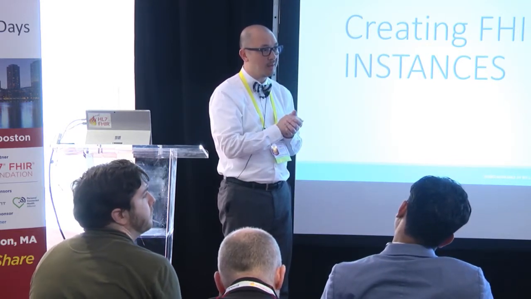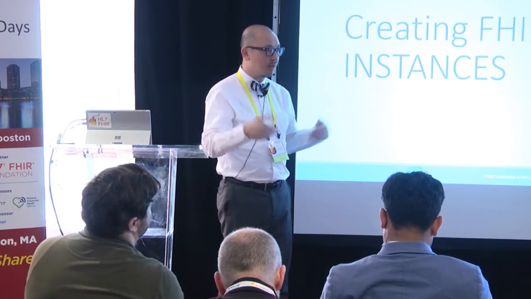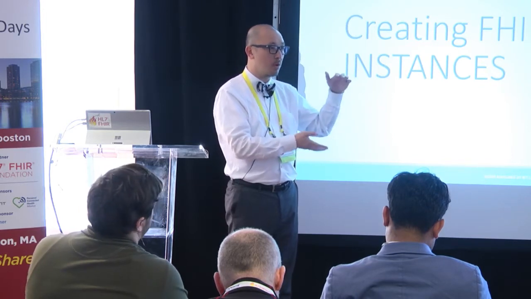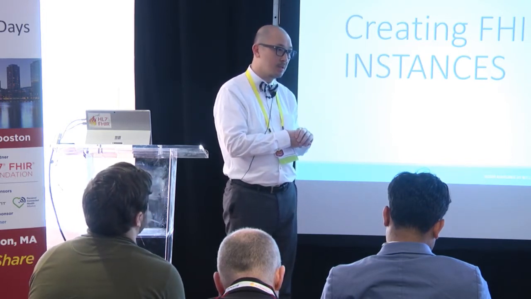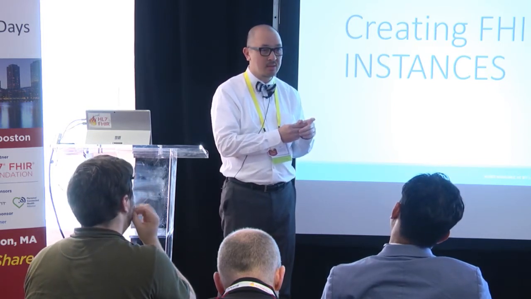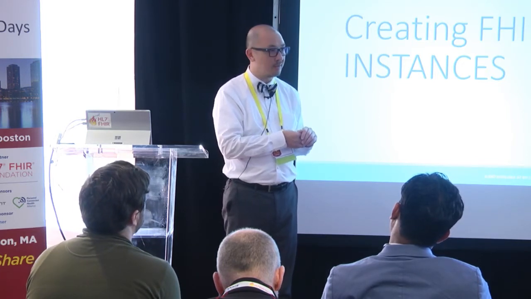You might order a whole bunch of things, but when you deliver the data to the end user, you might select one or more of those observations to display. And if anybody is doing genomics, there are some really good efforts around representing genomic data in FHIR.